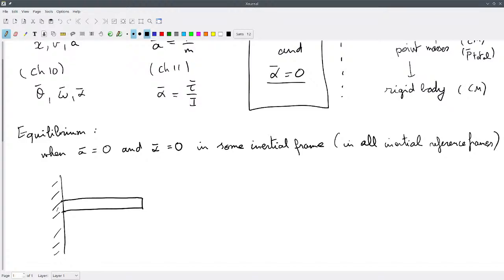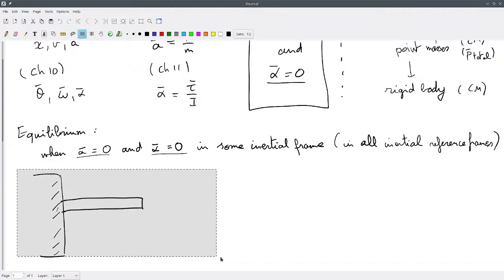We'll want this to be in static equilibrium, so that will mean that we'll want the linear acceleration and the angular acceleration to be 0. So we're going to pick a reference frame that is fixed to the wall, and in that reference frame we'll want this cantilevered beam to not move at all, and there will be some conditions that follow. What are the conditions? So let me erase this again.